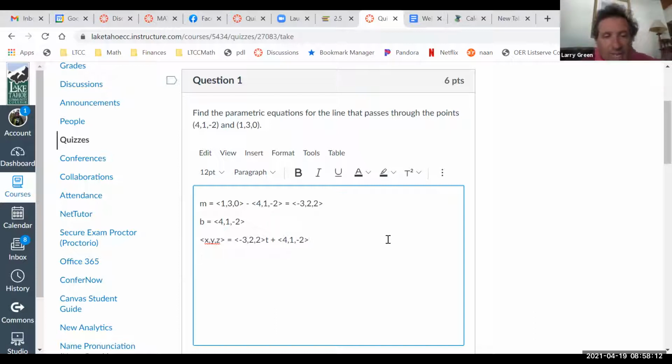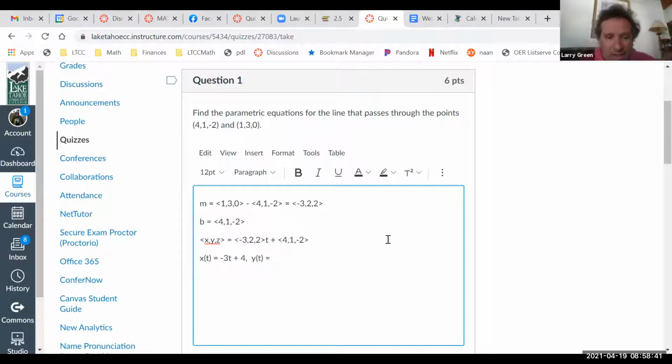And then finally, I asked you to find parametric equations. So that means we need to find x of t. What's x of t? Not supposed to be too hard. Yeah, -3t plus 4. And then we need y of t.